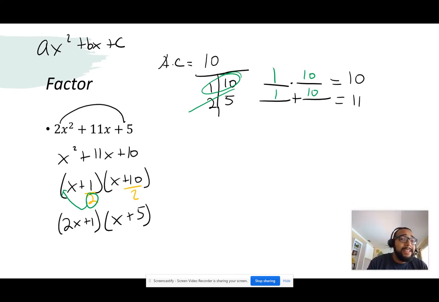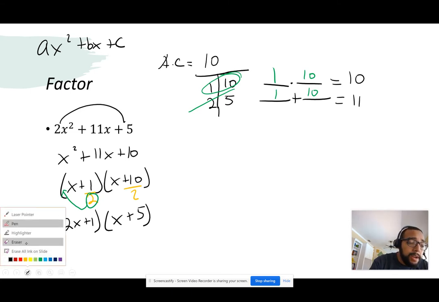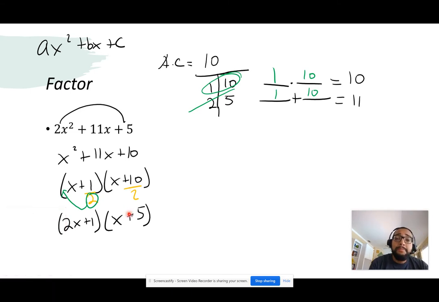Again, I took that 2 that was in the denominator and kicked it out front of the x. Notice, for this other one, I did not do that, because 10 divided by 2 got me 5, a nice whole number. But if I tried to do this here, 1 divided by 2 was 0.5, which is not a whole number. So I kicked that 2 out front.